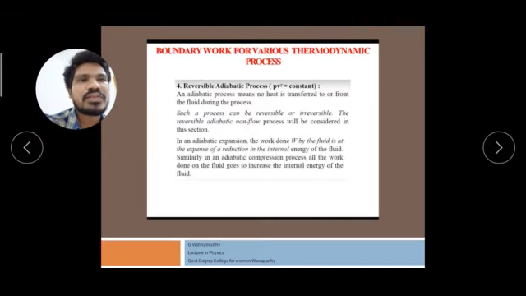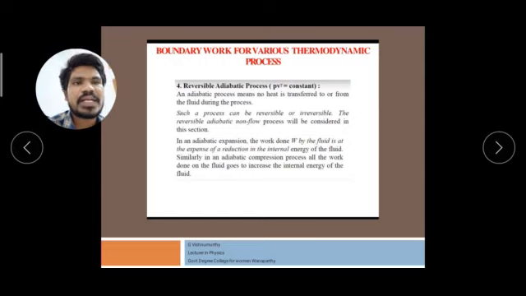And now the boundary work for the reversible adiabatic process, that is PV to the power gamma is equal to constant, is known as the adiabatic process. An adiabatic process means no heat is transferred to or from the fluid during the process. Such a process can be reversible or irreversible. The reversible adiabatic non-flow process will be considered in this section.